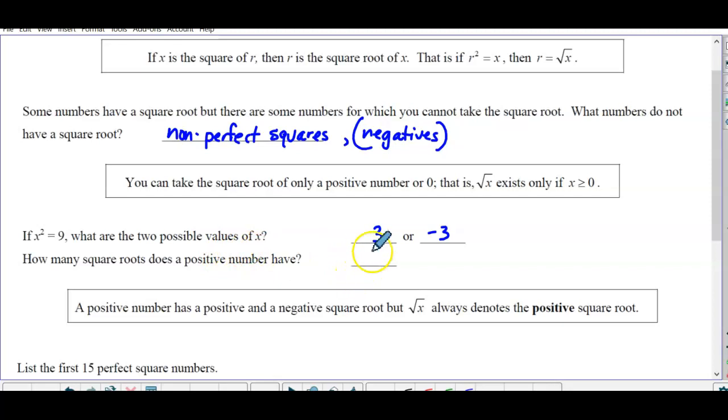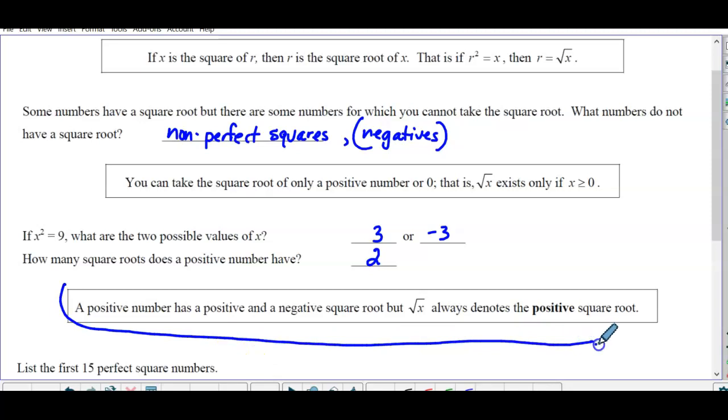Well, when you think about square roots, we're always taking the positive. So there are 2 possible here, but this is really important to remember, okay?